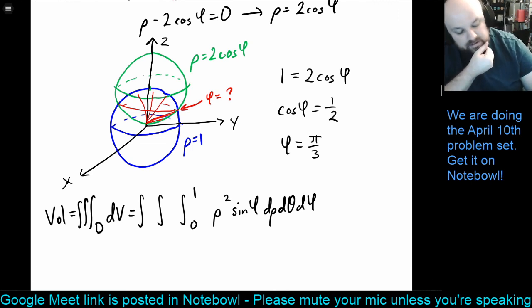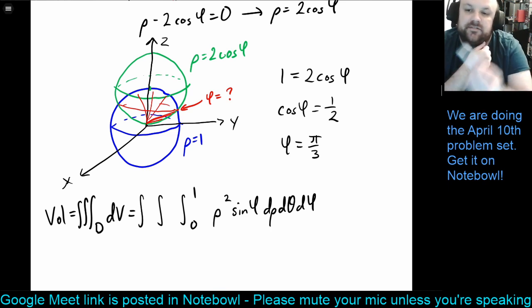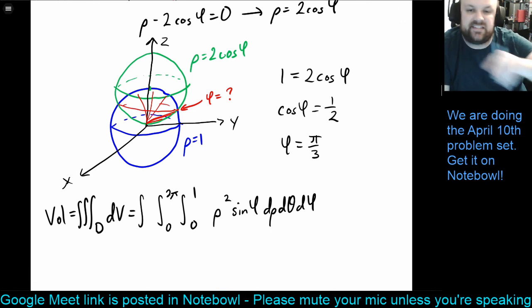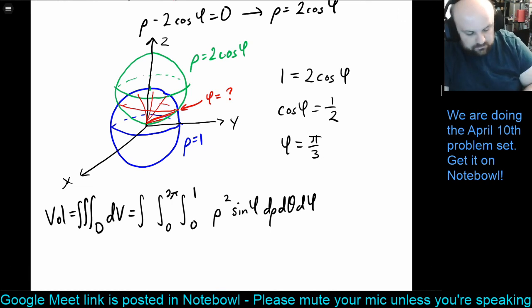Theta, well, we have the full 360 rotation of this shape again. So this is going to go from 0 to 2 pi, where we go all the way around the z-axis for this one. And then d phi, this is our bound here.